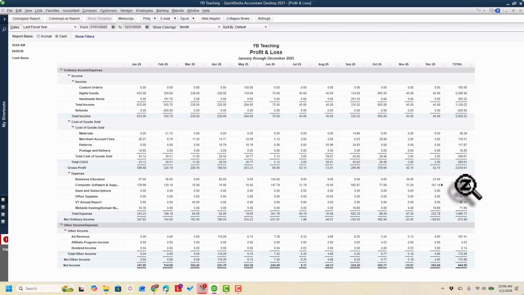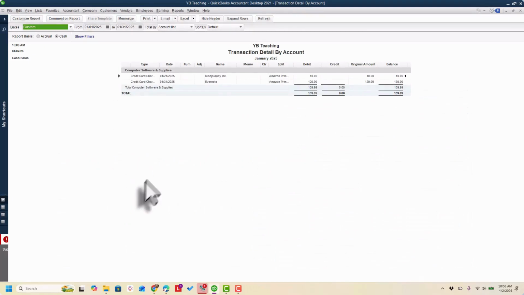So with software, I can drill down on that and I can see I had $140 in January, and most of that went to Evernote.